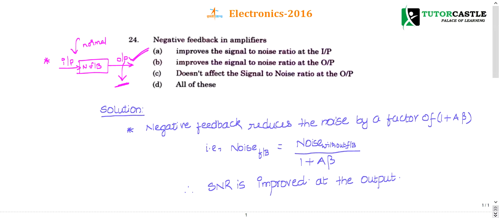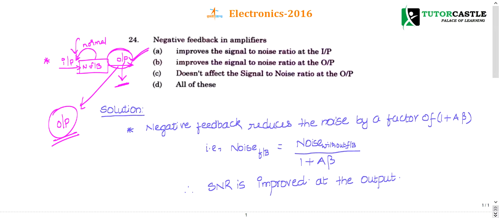Whatever the impact of negative feedback applied on the input, that gives the output. So the output gets affected due to this feedback, because the feedback is applied on the input. The input signal gets changed, then it produces an output. So the output gets affected but not the input.